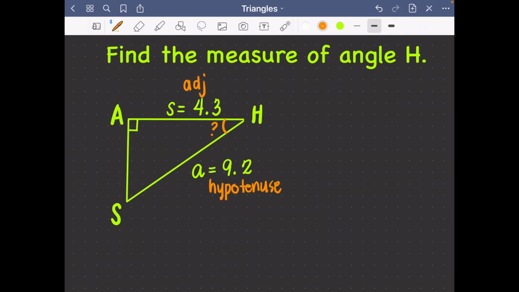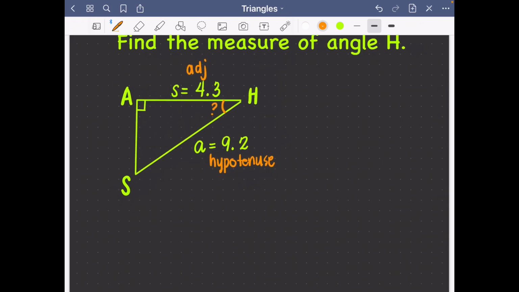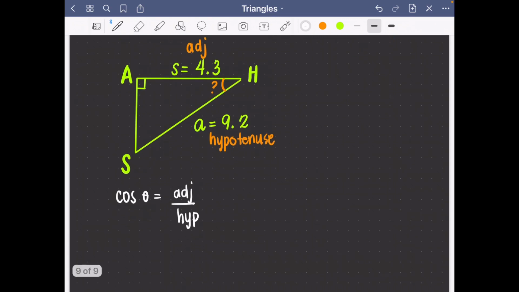Then we determine what trigo function involves adjacent and hypotenuse. So that would be cosine. Cosine theta is equal to adjacent over the hypotenuse.